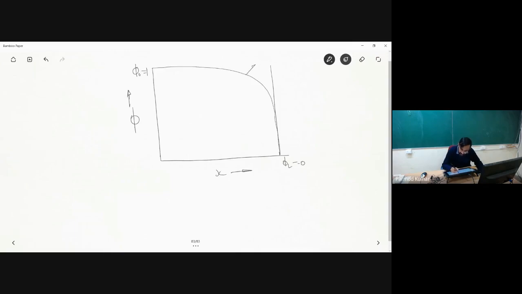So this is the exact analytical solution. While I will be using the upwind differencing scheme, what will be happening? I will find that my numerical solution will be something like this.